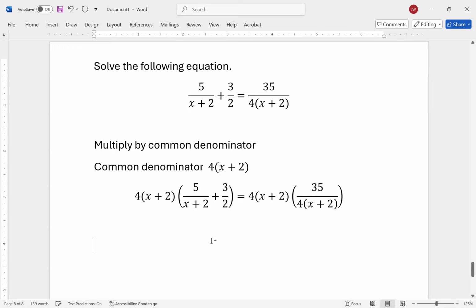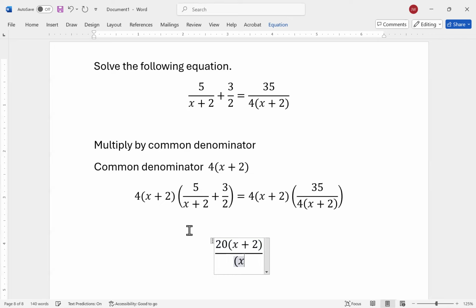Now we have to be very careful when we do this multiplication because we're multiplying these two numbers times this fraction and these two numbers times this fraction. So we take 4 times 5, that would give me a 20. But then I'd also have to multiply by the x plus 2. I'll leave that in parentheses.